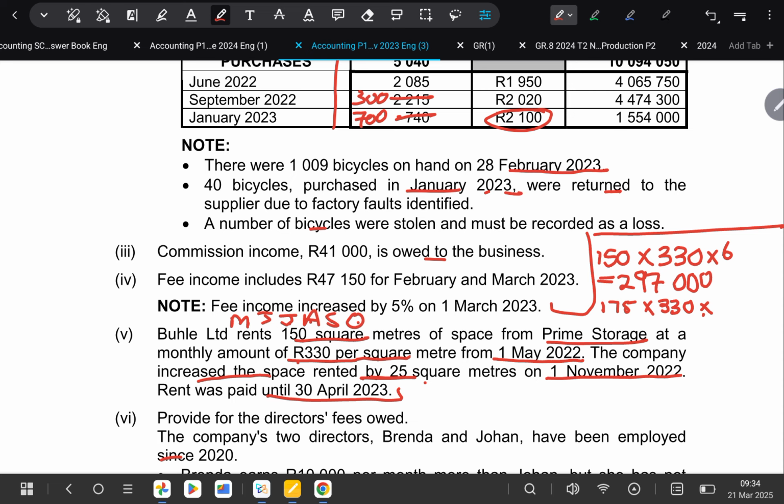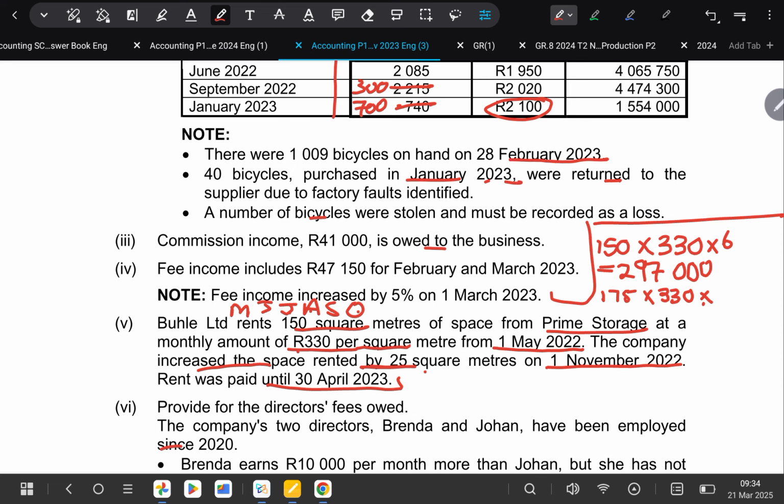After the increase, we'll have to pay for November, December, January, February. So we'll say 175 times 330 times 4 months, and then it will give us how much we would have to pay.